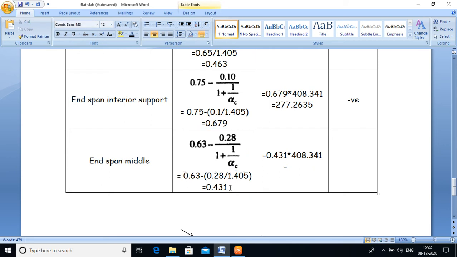So when we put the value of alpha c in this, we will get the value of the coefficient as 0.431, and when we multiply this coefficient with M0, we will get the moment, and that moment magnitude is 176, and as this is the middle span moment, this is the sagging, and the sagging represents the positive moment. Okay, so this is the positive moment.